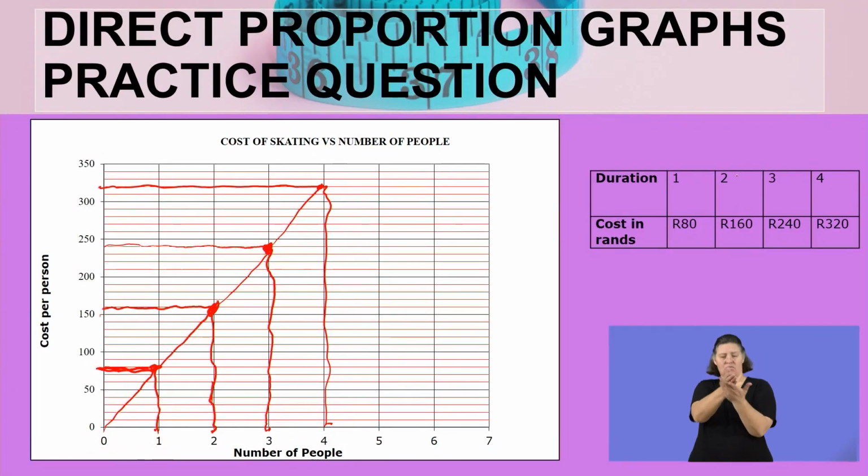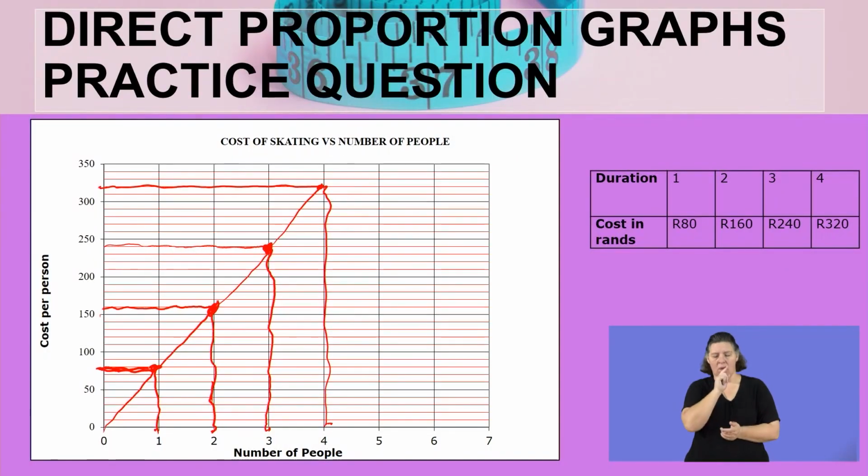And remember, once we say it is directly proportional, or even if it is not mentioned, once you see that when the number of people increases, the cost or price also increases, you must just remember that your graph will have a straight line shape. And even when the number of people decreases, the cost decreases as well, we are still going to have a straight line. But for your syllabus, we're only focusing on the increasing ones.